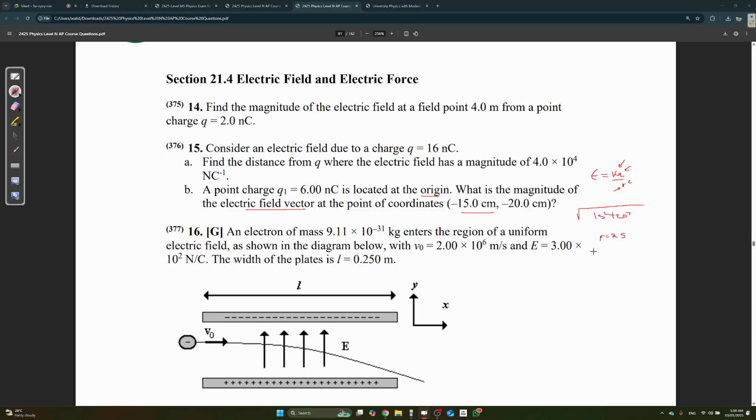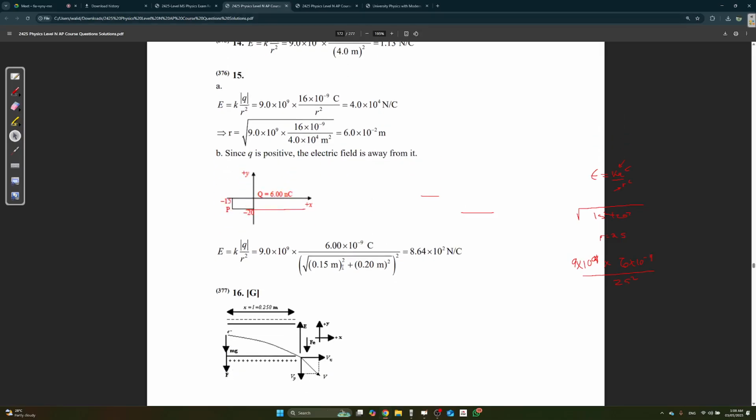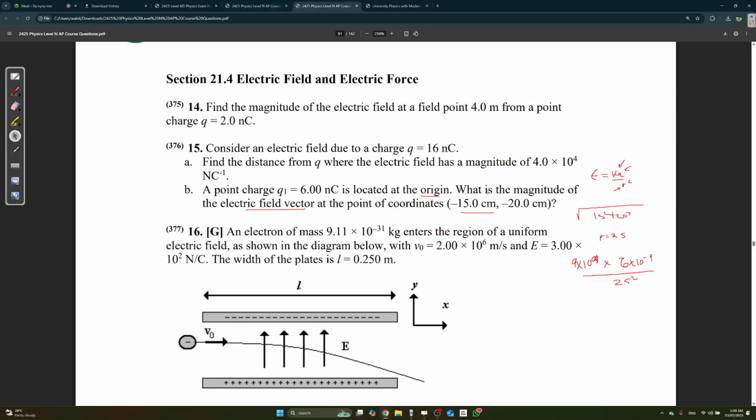So kq over r squared will be k, 9 times 10 to the 9, times q, which is 6 times 10 to the minus 9, over r squared, so 25 squared. And you should get what you get. Oh, is this in centimeters? Oh yeah, it's in centimeters. Sorry, my fault. I didn't see it was in centimeters.